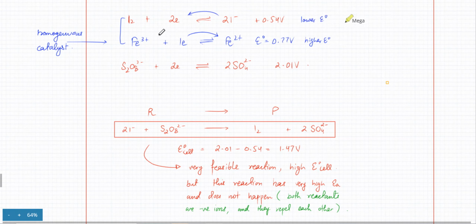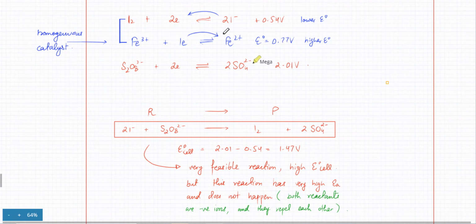So as soon as you add the Fe catalyst, the iodine equation, which wasn't reacting with S2O8 because both ions were negatively charged and repelling each other, starts reacting with the iron 2 plus or iron 3 plus equation.